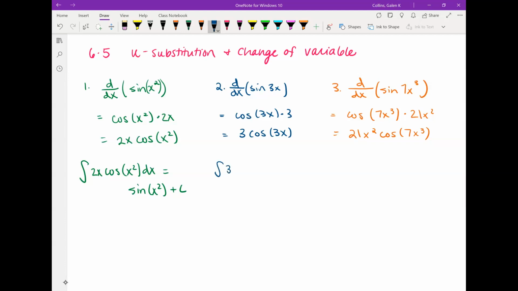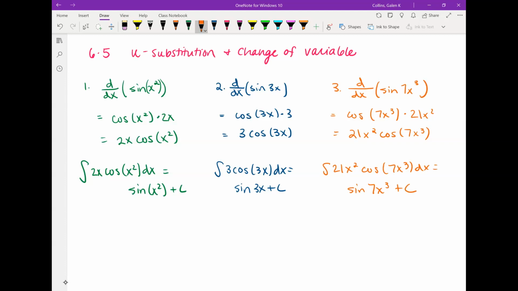If I take the antiderivative of 3 cosine of 3x, we should get the sine of 3x plus c. And lastly, the antiderivative of 21x squared times the cosine of 7x cubed, we would get the sine of 7x cubed plus c.